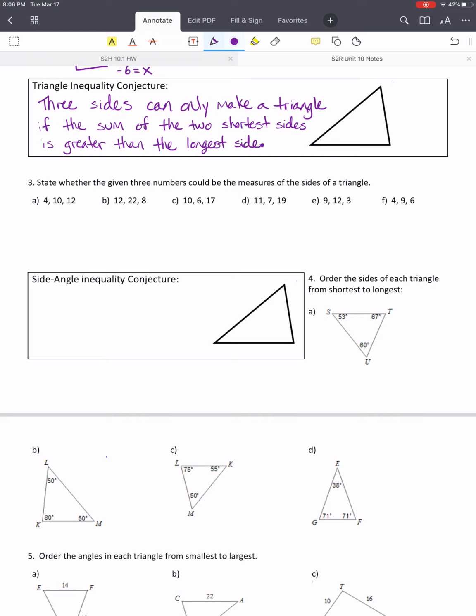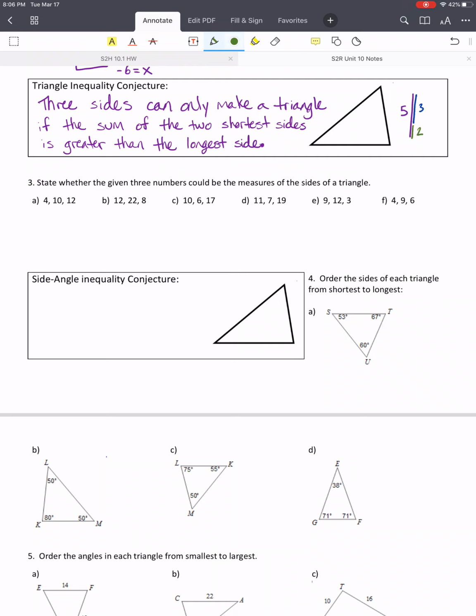Normally what I do is I take a bunch of expo markers and I stack them and say, here's 5, here's 3, here's 2. Are they going to make a triangle? Imagine I have a length of 5, and in a different color a length of 3, and another of 2.